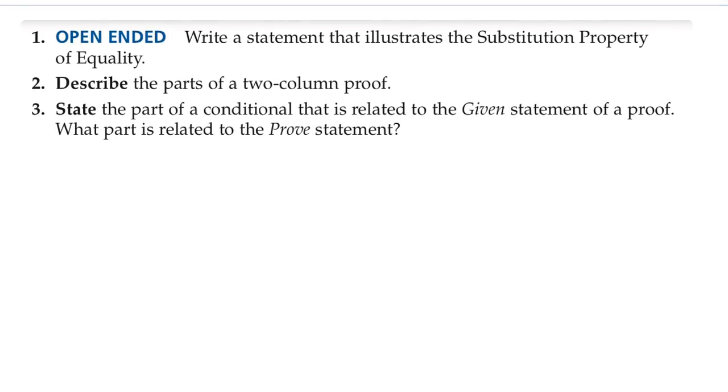So write a statement that illustrates the substitution property of equality. Okay, so for one, I could say something like A equals B, and then I could have something over here that's 2A plus B equals 7, right? And so then what I do is I go, oh, wait a second, since A and B are the same, I'm just going to go ahead and put an A there instead of B. And I can use colors because you can use colors too, colored pencils or pens.